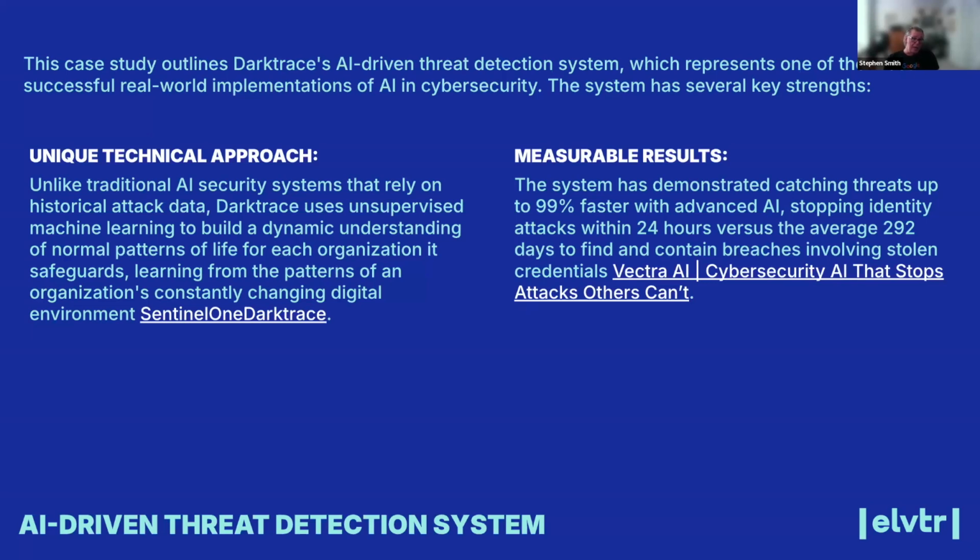But regardless, I think statistically they say it's almost 300 days for identity attacks, right? So it can be quite a bit of time. Darktrace says 24 hours. Who knows, right? That's marketing propaganda. But you could see with a behavioral approach as opposed to a signature-based approach where it would be able to tease this out, right?